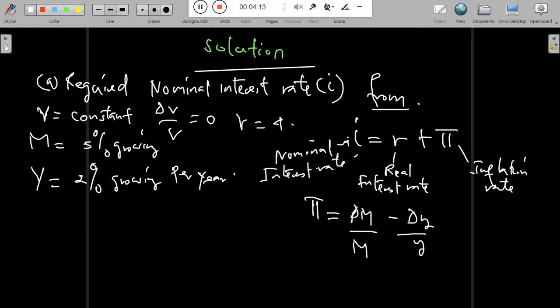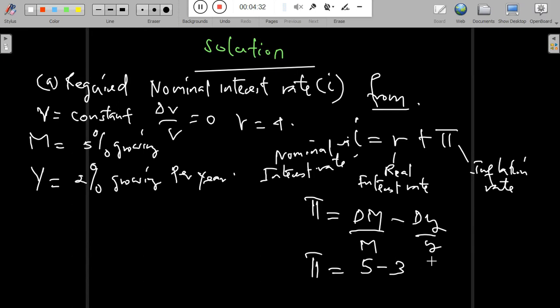Since the growth of the money supply is 5%, the inflation rate will be equal to 5%, then minus the change of output level, that is 2%.